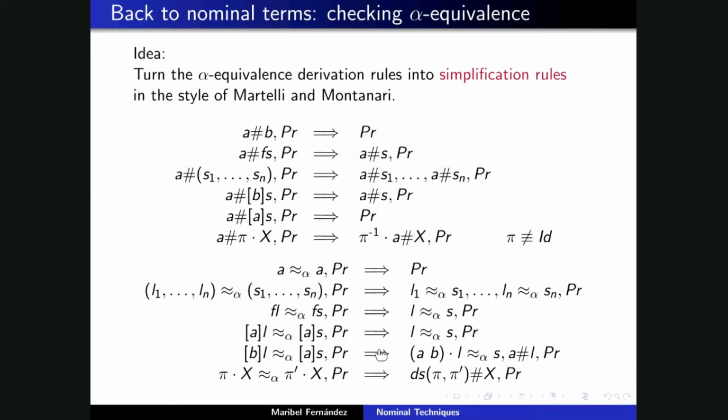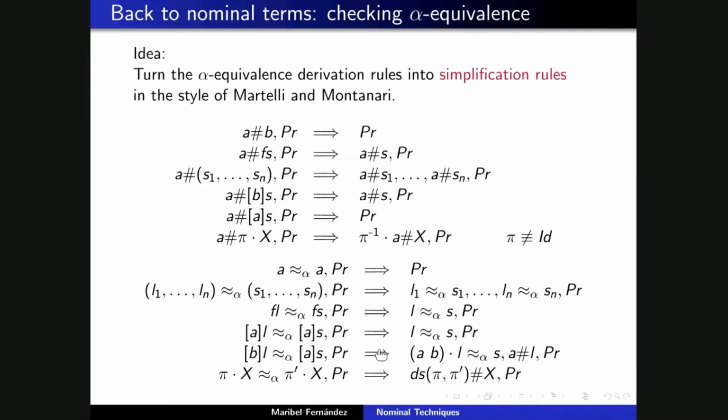Because, for example, we know that it's very efficient to do this sort of operation with first order terms. It's one of the keys to the success of functional programming and logic programming, that we can match and unify terms efficiently. So now we have terms modulo alpha. What is the extra cost for matching and unification? So we want to do it efficiently.